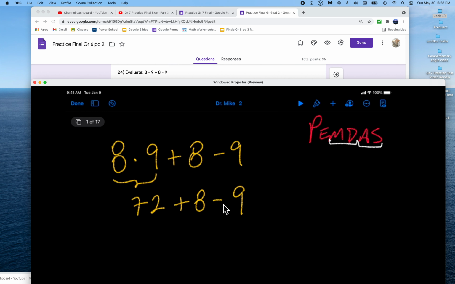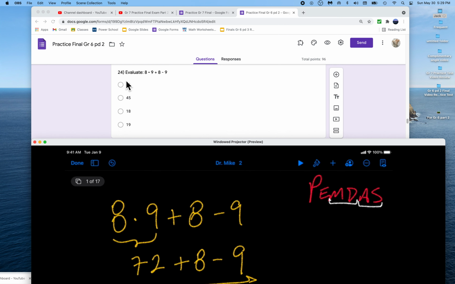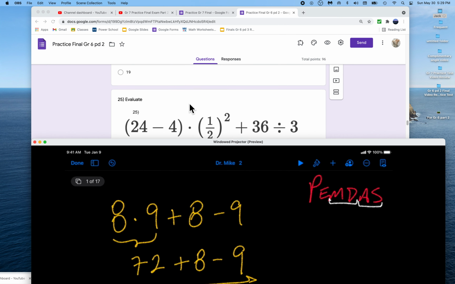Now we have addition and subtraction. They have the same weight. So when you have addition and subtraction, you go left to right, first come, first served. So 72 plus 8 is 80, minus 9 is going to be 71. There's your answer.